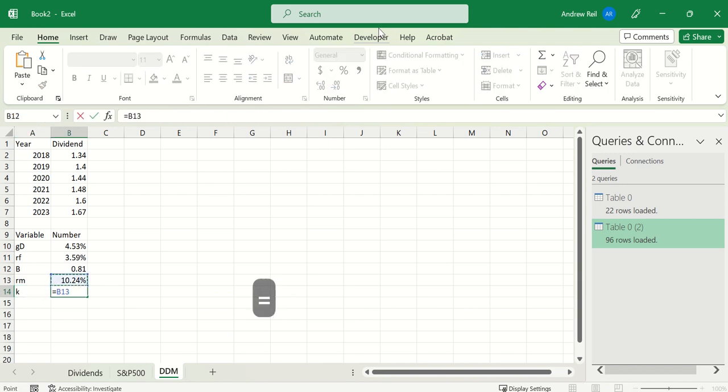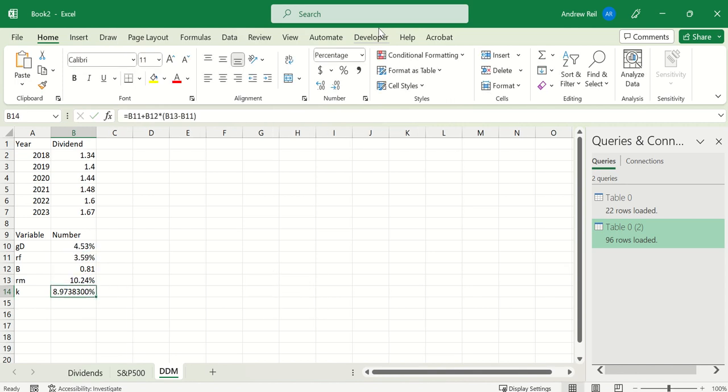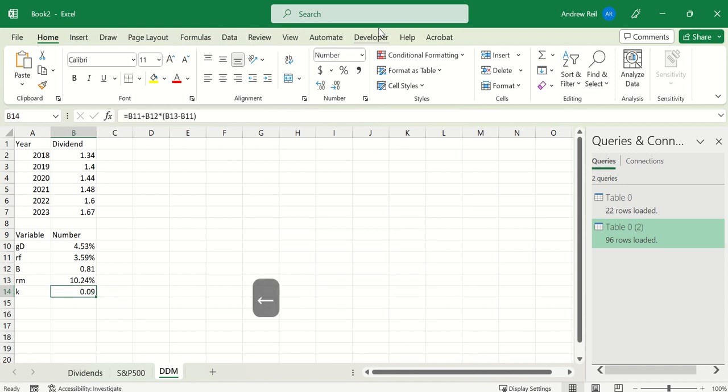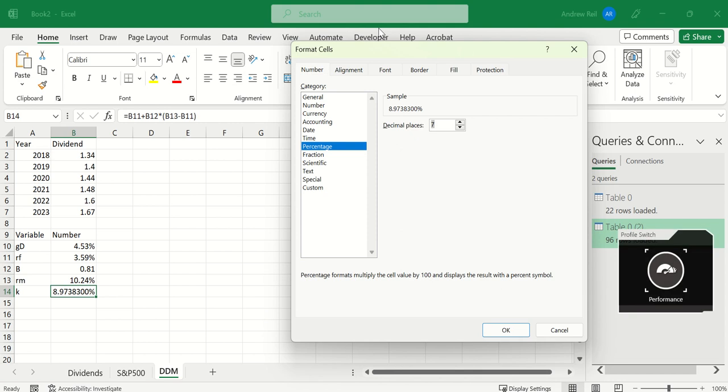So the risk-free rate plus beta multiplied by the difference from the market rate subtracting the risk-free rate. And I'm going to make that 2 decimal places. Control Shift 1, tab, oops, didn't do it. I'm going to go Control Z. Control 1 is what I wanted. Tab, tab, 2.